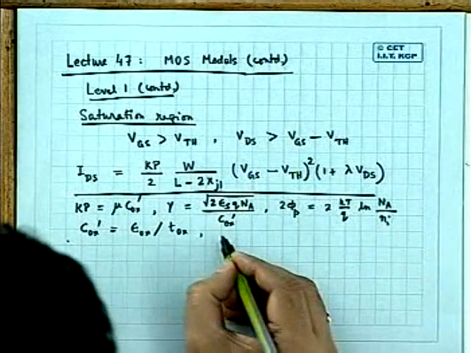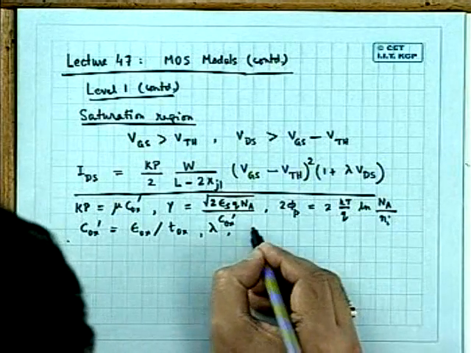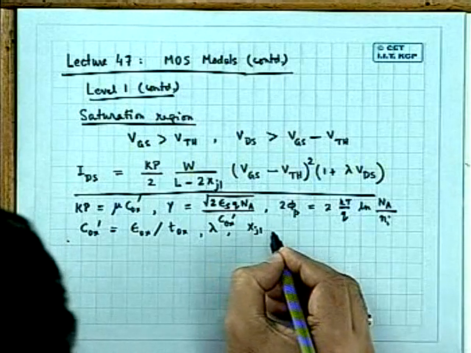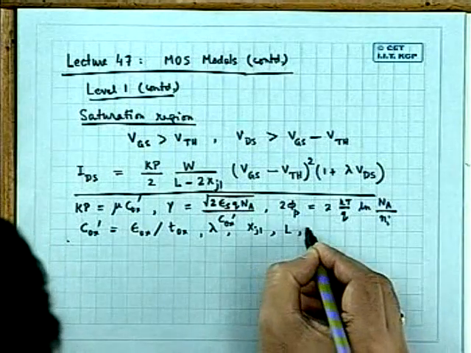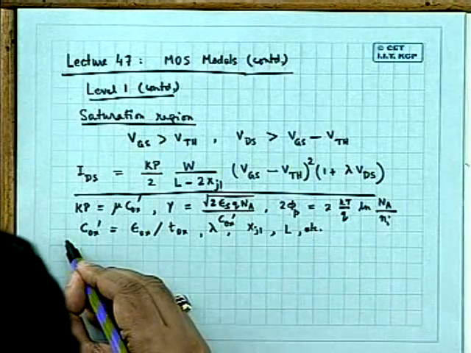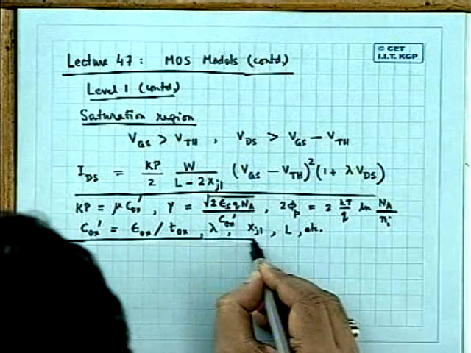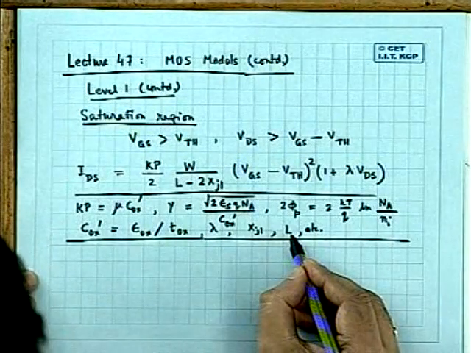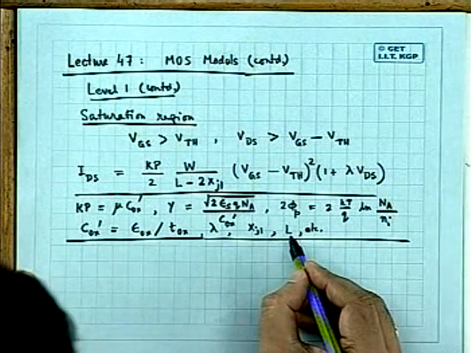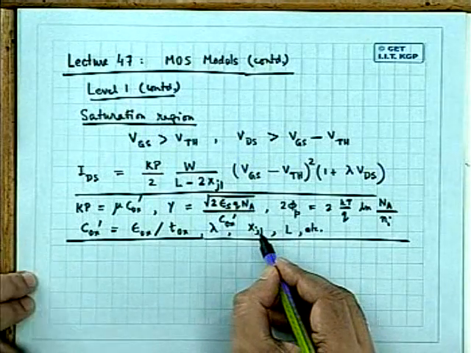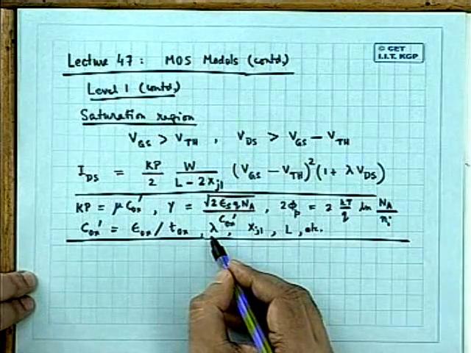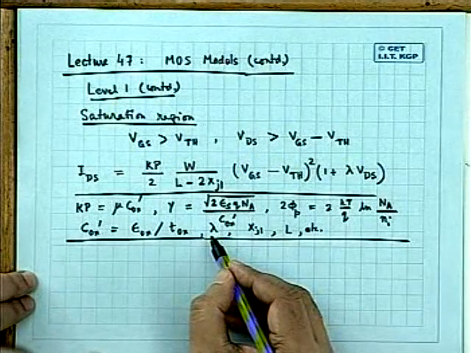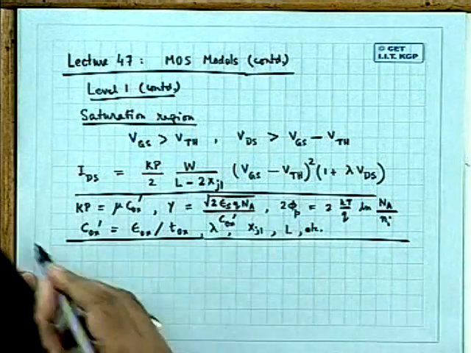Then we have to introduce lambda, xj1, L, etc., which are all SPICE parameters. L is the mask gate length, xj1 is the lateral diffusion, lambda is the channel length modulation parameter, and the remaining things are as follows.